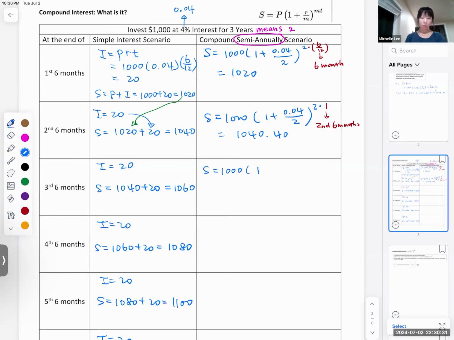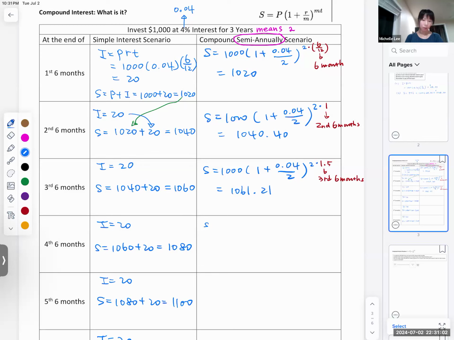Okay, now same: 1,000 times 1 plus 0.04 over 2, 2 times T. Third 6 months, I want to express as 1.5 years. If we calculate this one, 1,061.21.